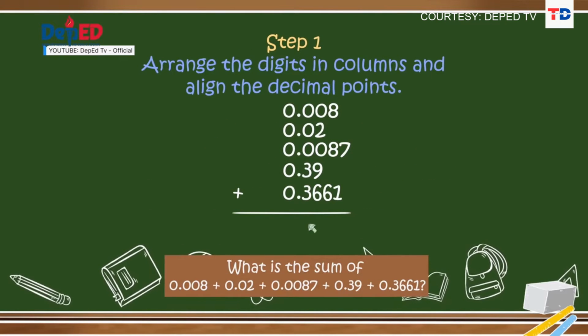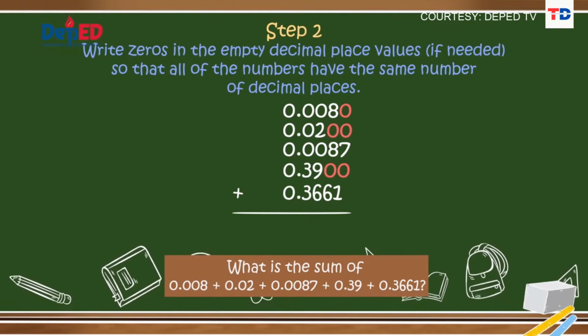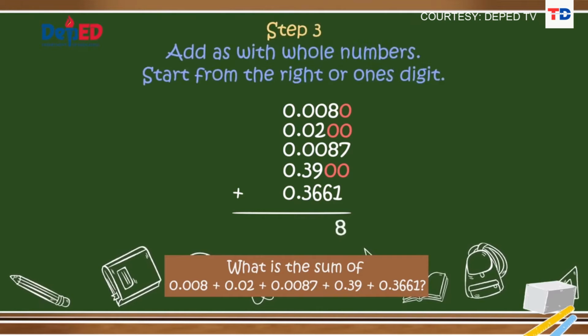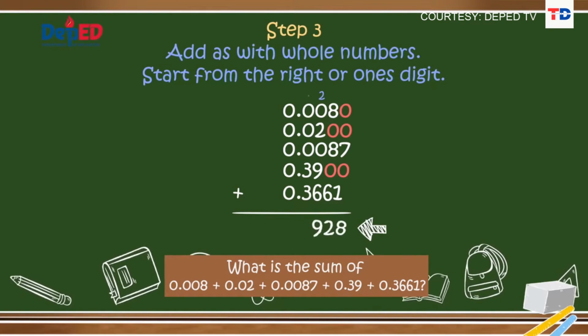Arrange the digits in columns and align the decimal points. Step 2. Write zeros in the empty decimal place values, if needed, so that all of the numbers have the same number of decimal places. Step 3. Add as with whole numbers. Start from the right or ones digit.